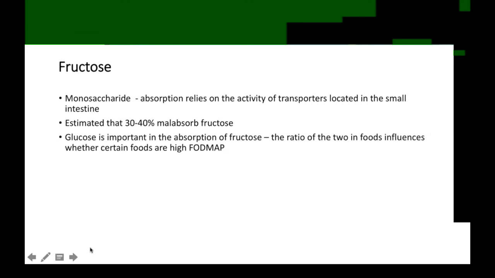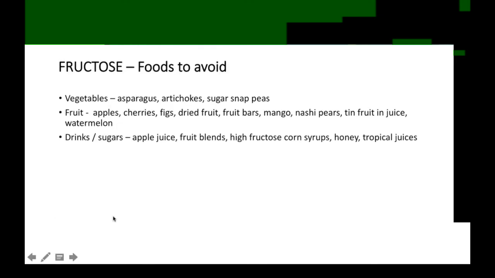I have one little girl, and the gastroenterologists have done the whole range of tests, and then we decided to actually test her on fructose, and you can actually do a breath test just for fructose. She was malabsorbing, and as soon as she cut out the high fructose foods, which included some vegetables as well, all her diarrhea stopped, and it was very, very dramatic. So for some people, it may be just fructose that they need to avoid.